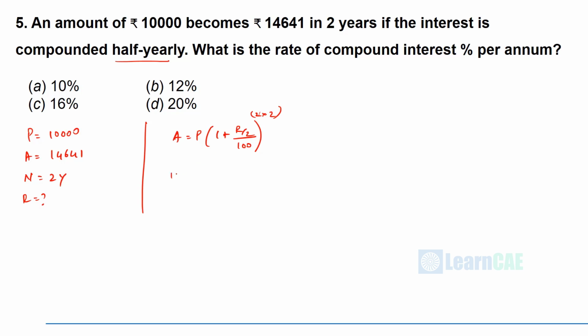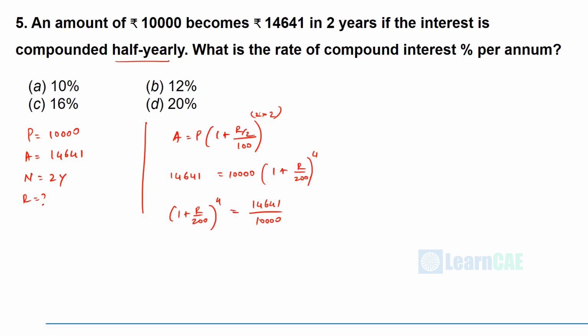A is equal to 14641 is equal to P, that is 10,000 into 1 plus R by 200 power 4. Now we shall rewrite the expression: 1 plus R by 200 power 4 is equal to 14641 divided by 10,000.